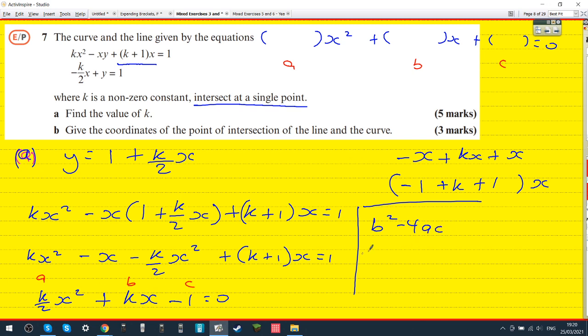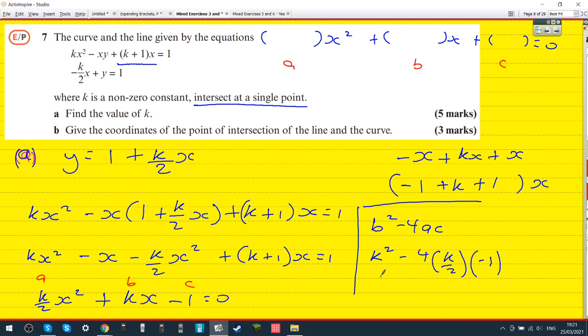And so, what is that? We're trying to solve for k. k minus 4 times k over 2 times minus 1. And something's missing from the first one. B squared. Is it squared? Oh, wait. Yeah. Simplify. And then would you multiply 4 by the bracket?